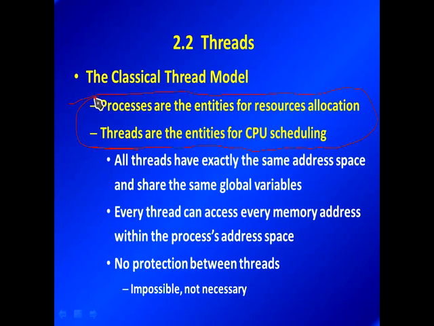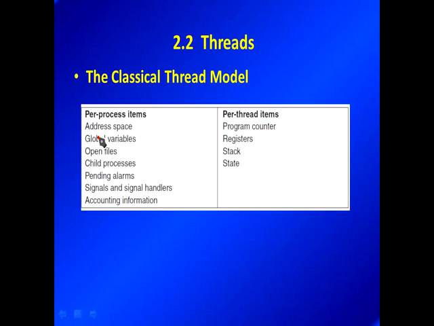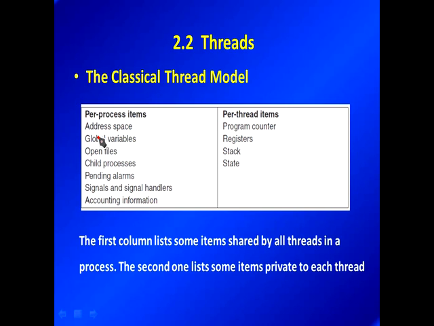So processes are for resource allocation, threads are for CPU scheduling. You just need to memorize these two important tips. And also, if you check the relevant information about threads and processes, you can see all the threads share the same address space of the process, right?